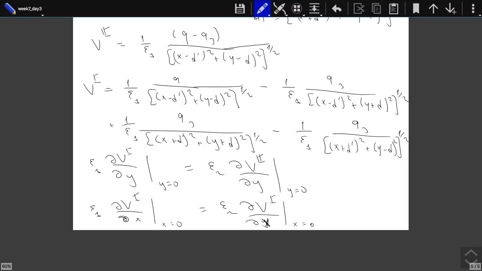Well, this is in fact why I just wrote the potentials at an arbitrary point, because you cannot just set x equal to 0 and take the derivative with respect to x.